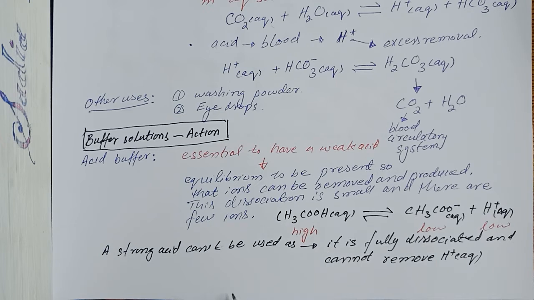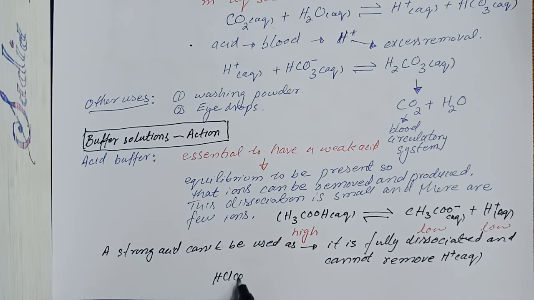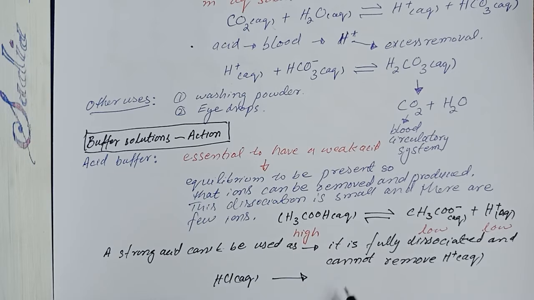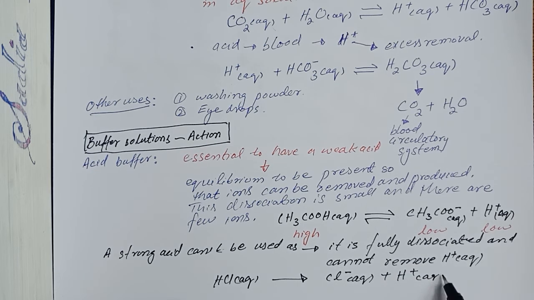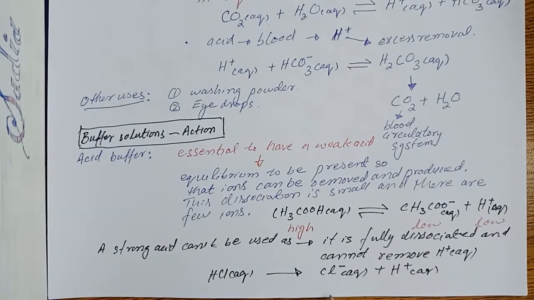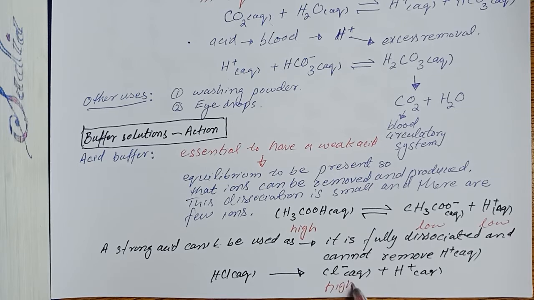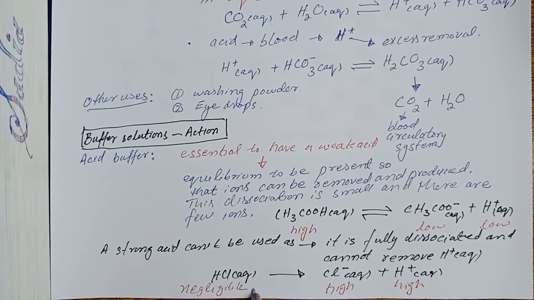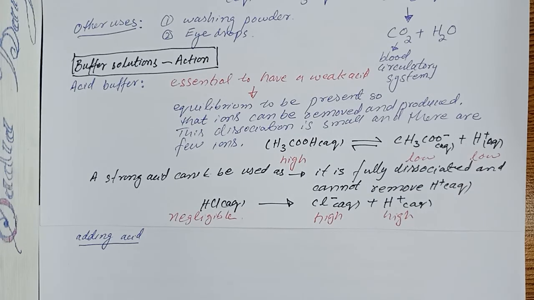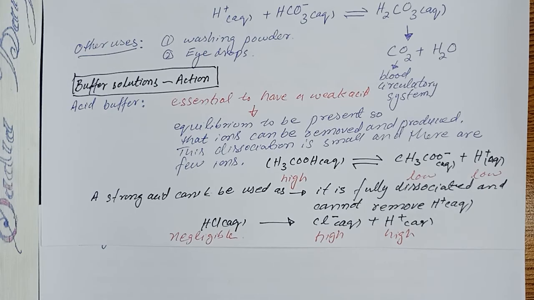For example, if we have hydrochloric acid, when dissolved in water, it will completely dissociate into chloride and hydrogen ion, and the relative concentration of the ionic species is high with negligible undissociated form.